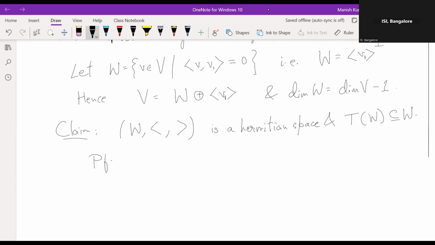So proof. Of course, this restricted to W is a positive definite Hermitian form.